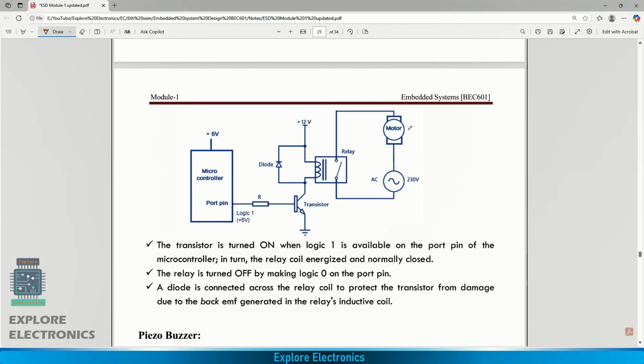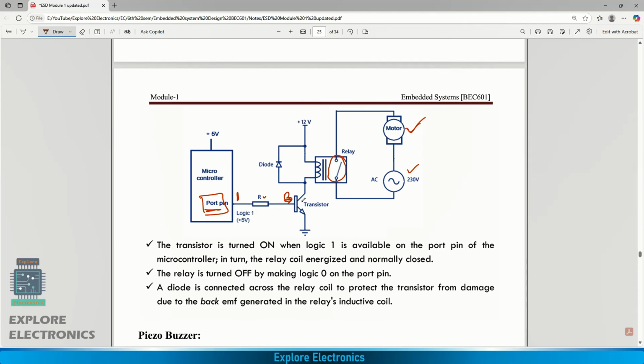You can see there is a motor, there is always an AC connector over here, there is a supply. But whenever we turn on this switch, then only this motor will be turned on. This can be controlled by a microcontroller arrangement. There is a port pin here. So this port pin, suppose if we start providing logic 1, there is a resistor here to the gate of the transistor.